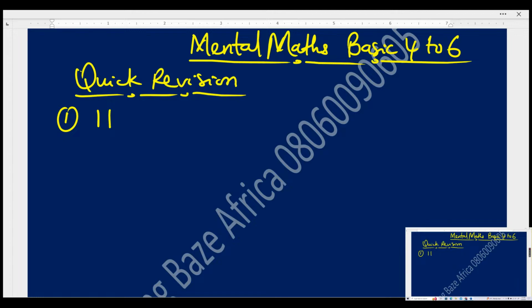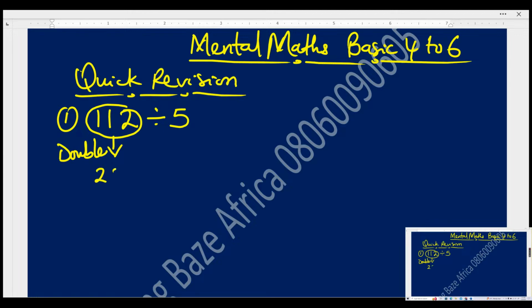So what is 112 divided by 5? You know, this is the number. So double this number. When you double 112, you will have 224. Then introduce a decimal point before the last digit on the right.